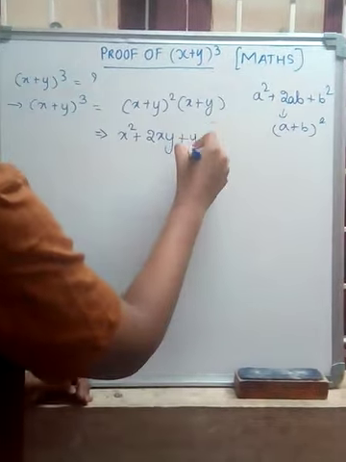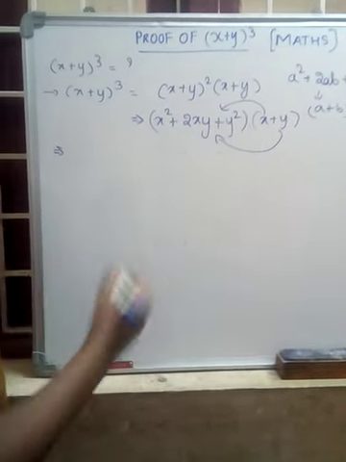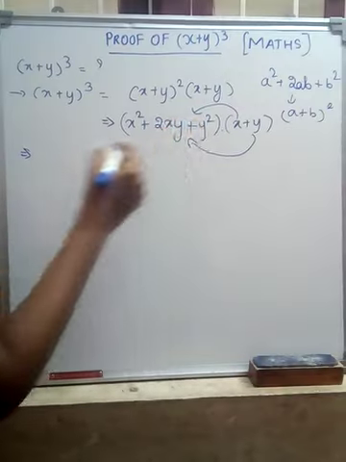Multiply individual terms, that is x with the full expression and next y with the full expression.